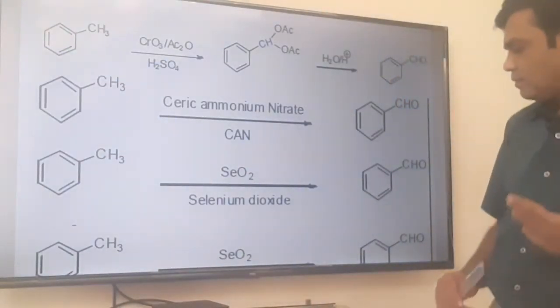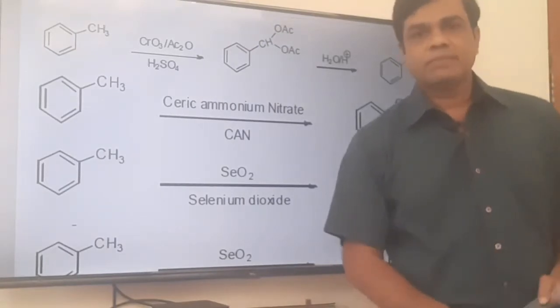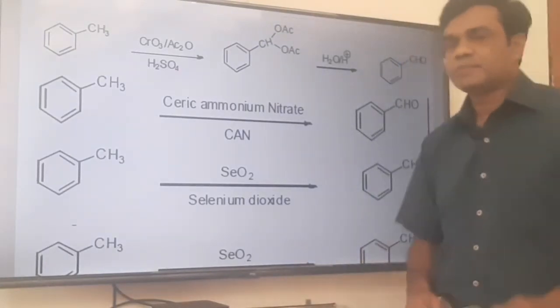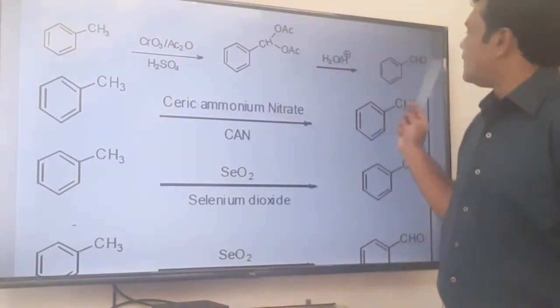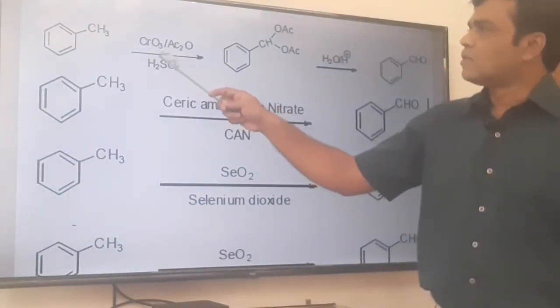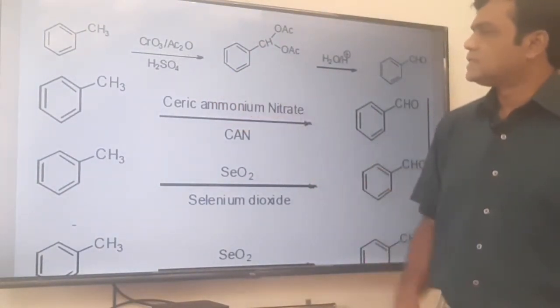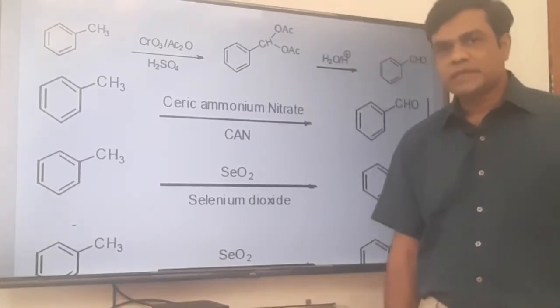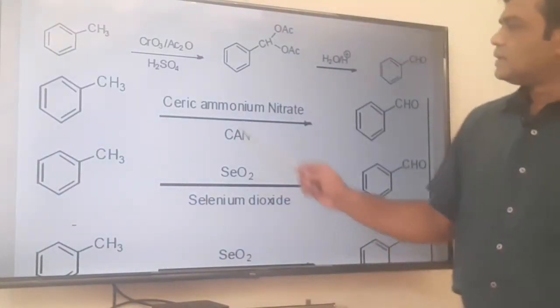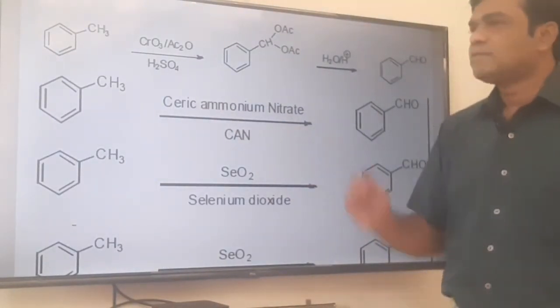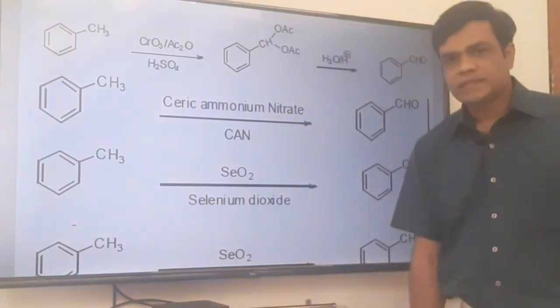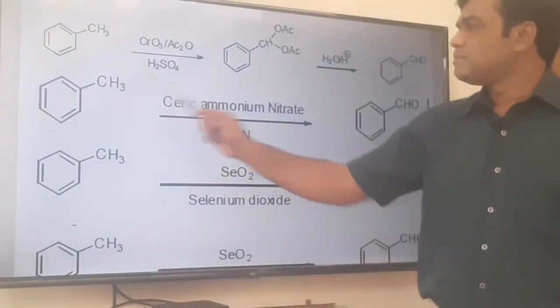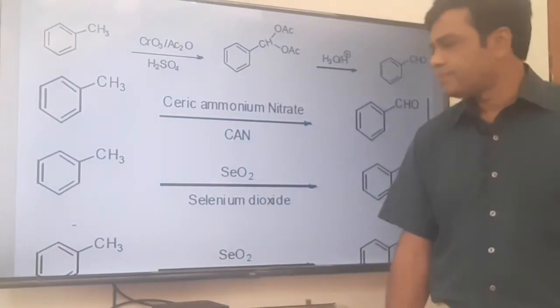Now another reagent for the same conversion, that is conversion of methyl group to the aldehyde, is this combination of chromium trioxide with acetic anhydride. It also works in the same way. Other is ceric ammonium nitrate, abbreviated as CAN. The function is the same, the methyl group is oxidized to aldehyde.